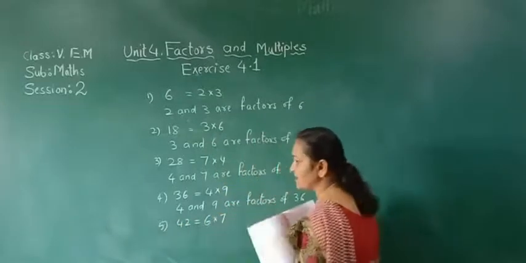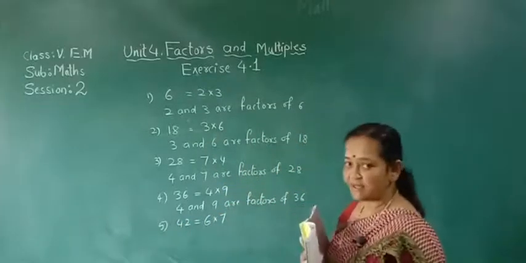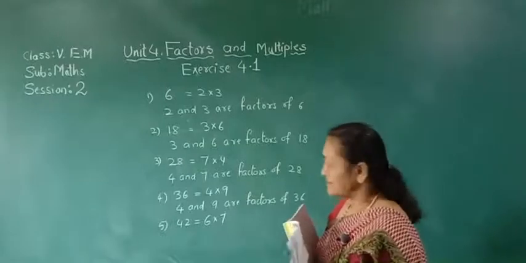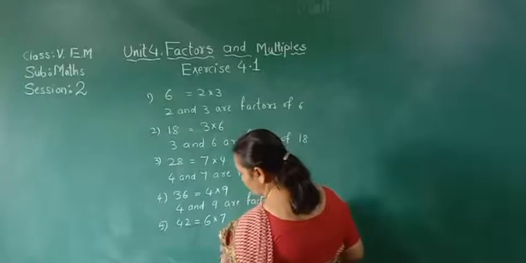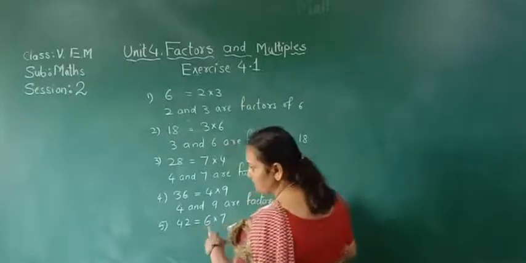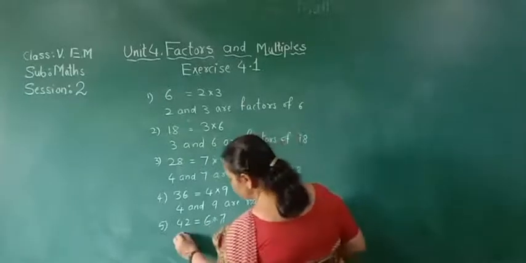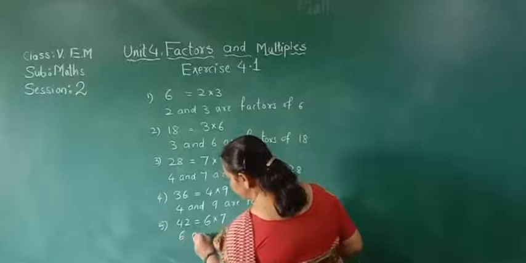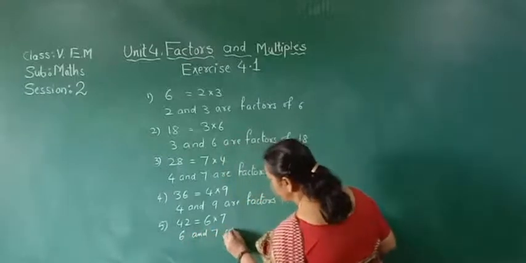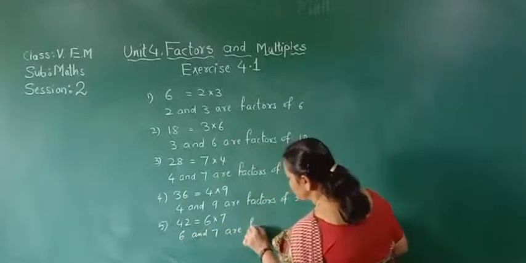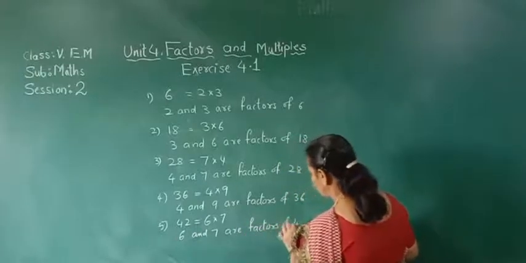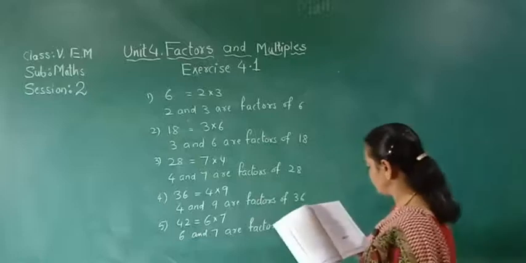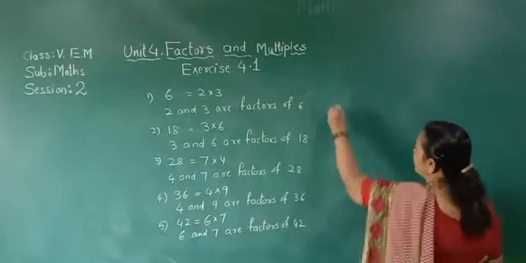You can write 21 2s are, 42 1s are. Even we can write 14 3s are. So here 6 and 7 are factors of 42.